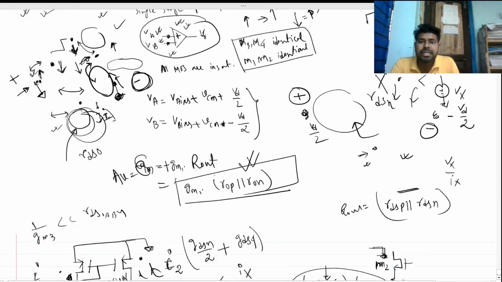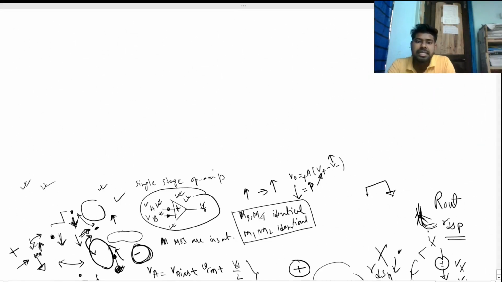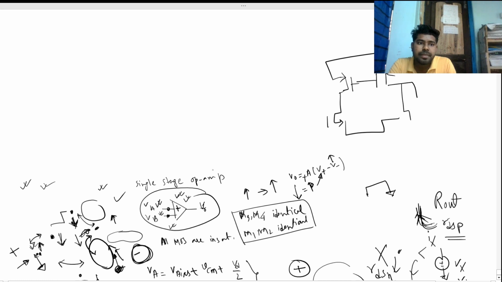To find the overall GM, we short circuit the output and find the small signal Iout to the ground with respect to this VA and VB.